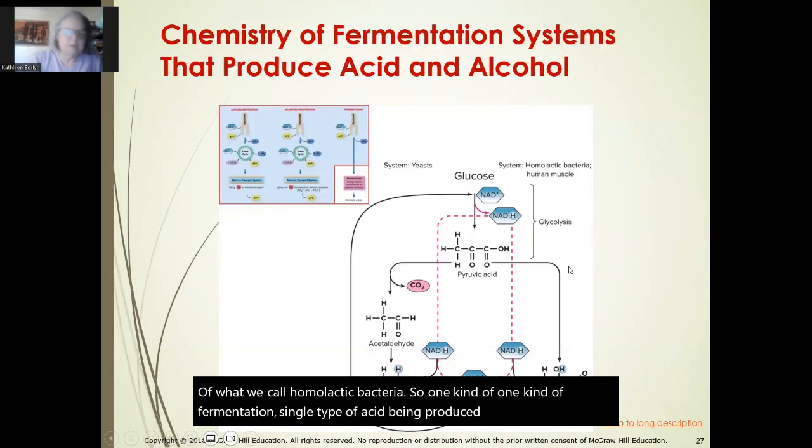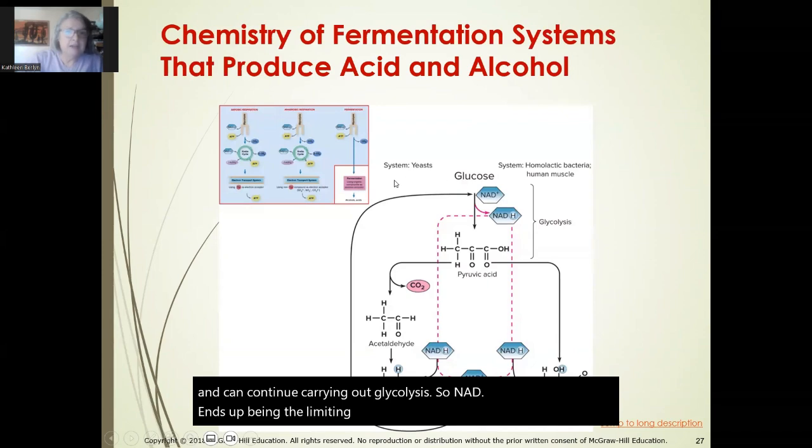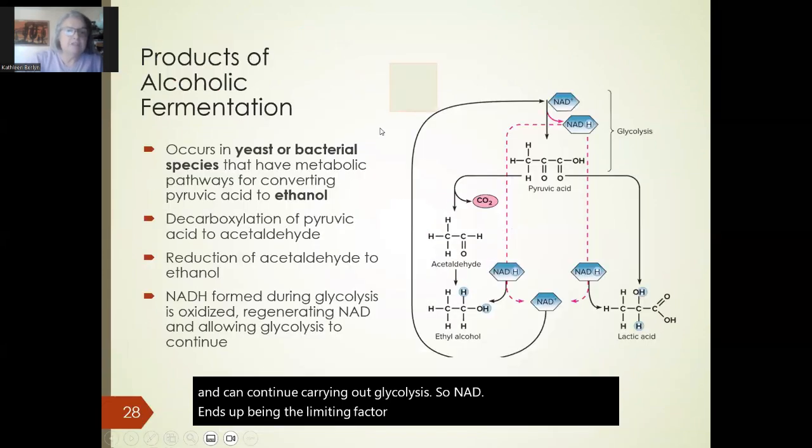And this is what we do as well, as we make lactic acid. And again, the whole purpose of fermentation, you're not generating any more ATPs in the process, but what you are able to do is recycle the NADH so that you don't run out and it can continue carrying out glycolysis. So NAD ends up being the limiting factor in being able to continue carrying out glycolysis.